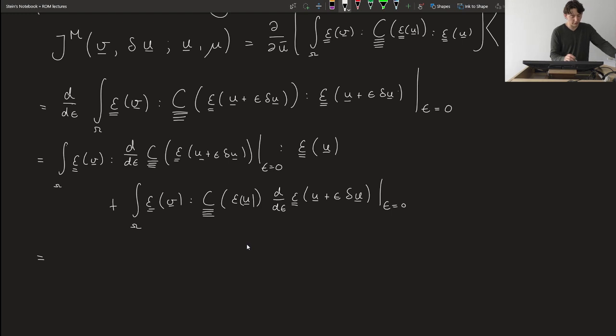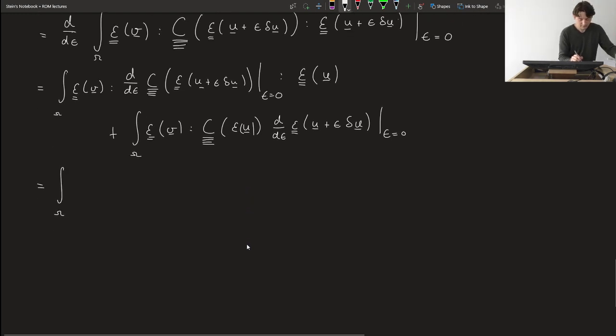So this one is slightly more interesting. We're going to have to do a chain rule now, right? So I have C being dependent on the strain, and the strain being dependent on this epsilon, taking the derivative with respect to epsilon. So I'm going to have to do partial C, which is a fourth order tensor, partial epsilon, which is a second order tensor.